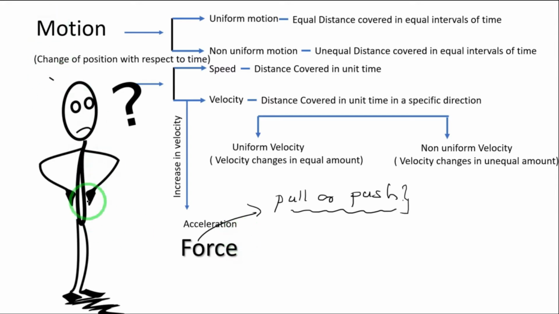Force makes the body move, right? If an object is here and you apply force, the body will move further, and if you still apply force, it will increase in its speed.